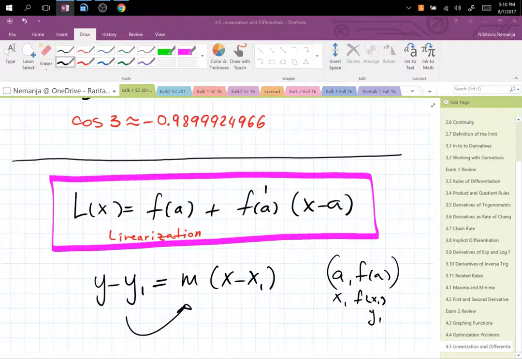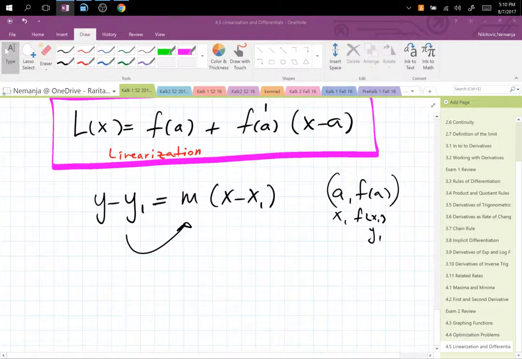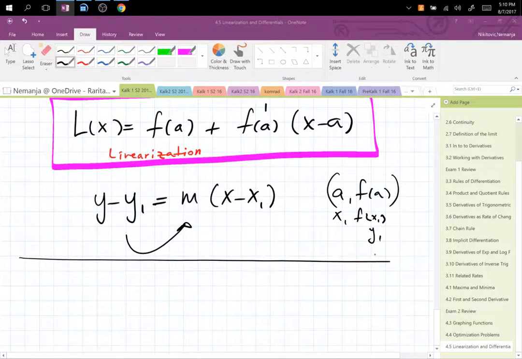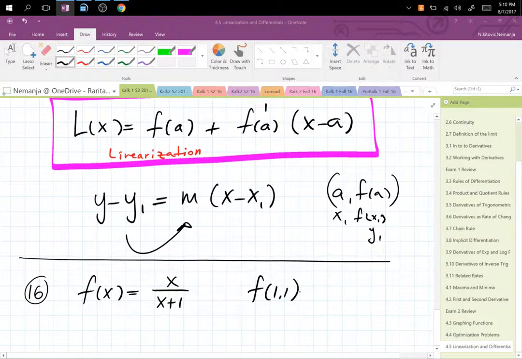So I want you to plug everything into the formula and compute from there rather than computing pieces. So problem 16 gives you the function x over x plus 1, and they want to know how much is f of 1.1. So what is your a? 1. All right, go. Compute the formula for this.